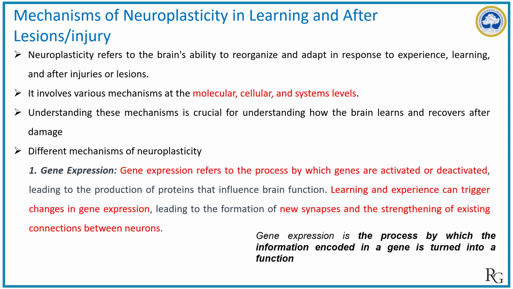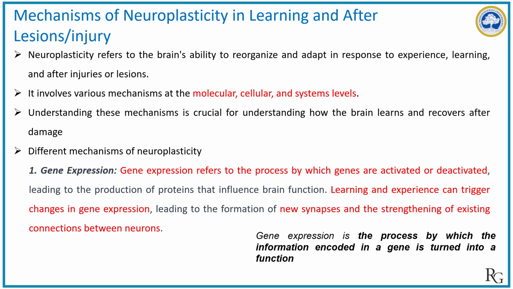So what is gene expression? Gene expression is basically the process where genetic information is turned into functional proteins that influence how our neurons behave. In the brain, this is not a passive process. It changes dynamically with learning and experience.